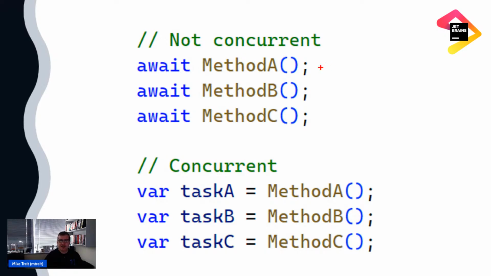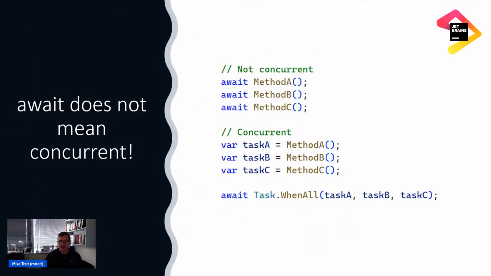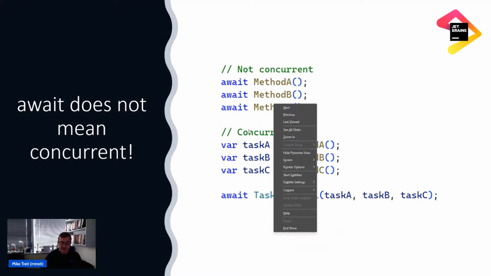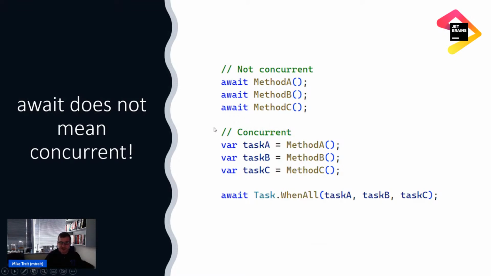So if every time you're calling an async method, you're doing an await on it, you're not getting the benefits of actually running things concurrently. So if you want to be concurrent, you need to do something like this code here, which is assign the result to a task, and then you can, in parallel, await all of those tasks at once. So be aware that await doesn't mean concurrent, and if you want concurrency, you need to build a set of these and then use Task.WhenAll, which is the right way to do that.